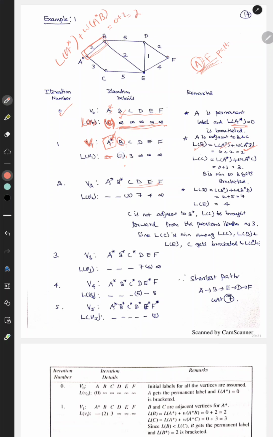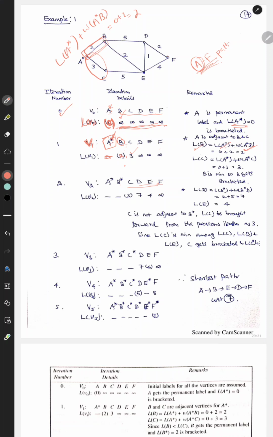Therefore you can replace the label of B as 2 in the first iteration. Similarly for C, it was infinity before. Now it will be A star's label plus the weight of AC, which is 3. So 0 plus 3 will be the new label.